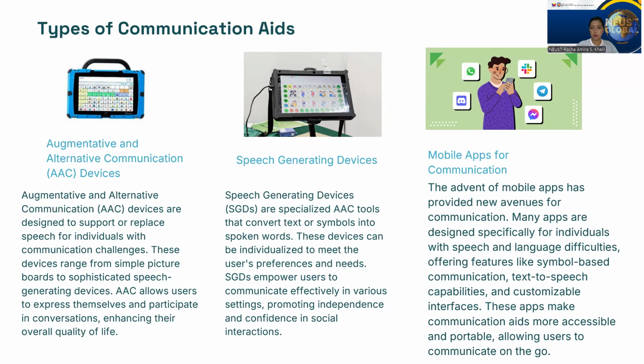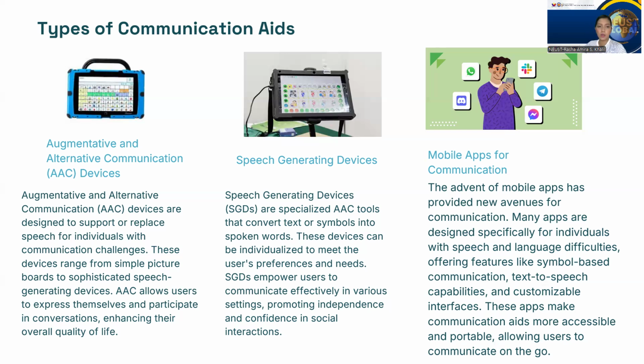Some examples of AAC, or augmentative and alternative communication devices. Yes, we have mentioned here the speech generating devices. These devices generate spoken words from text or symbols that the user selects. Example, Dynavox T10. I will show it to you on the next slide.